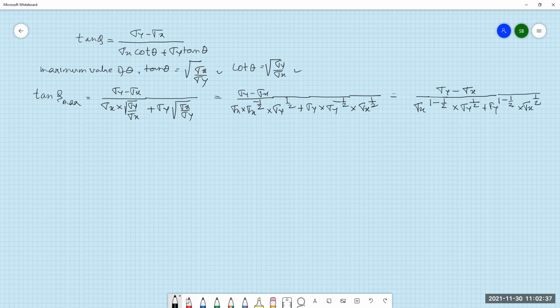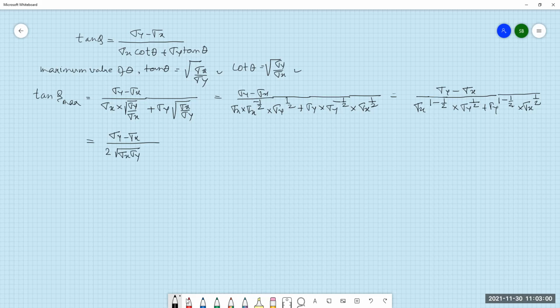This becomes square root of sigma x into sigma y plus square root of sigma y into sigma x, and this gives sigma y minus sigma x divided by 2 into the square root of sigma x sigma y.